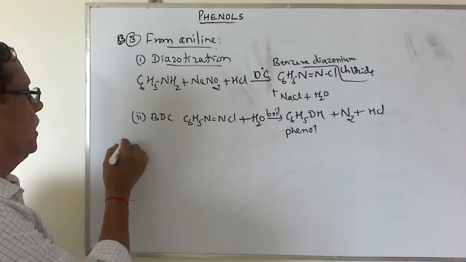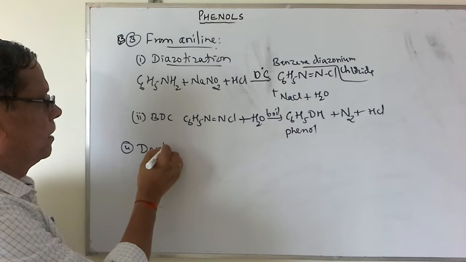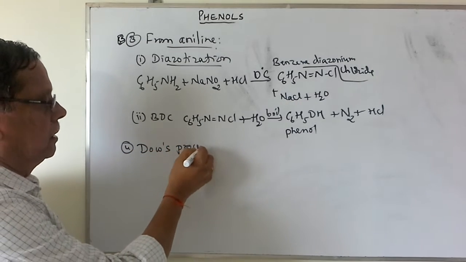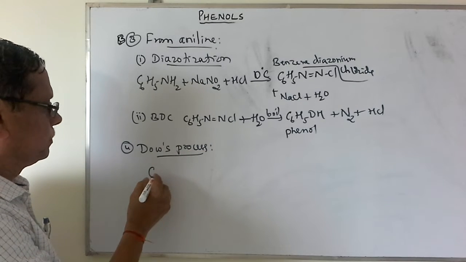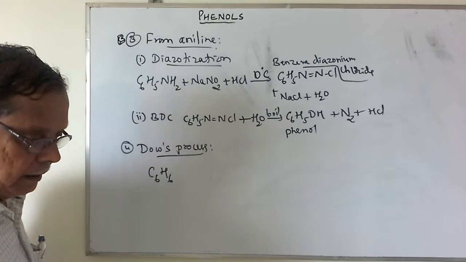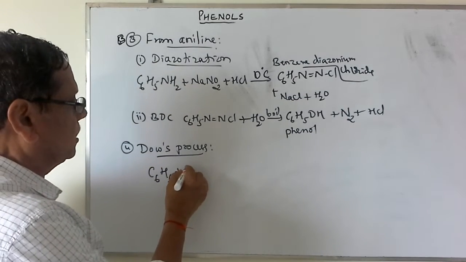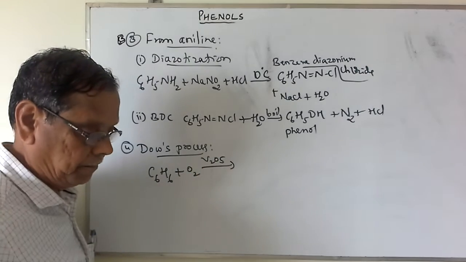The next method is actually called the Dow's process. In this Dow's process, when we take benzene, C6H6, it is then treated with chlorine in presence of a catalyst.